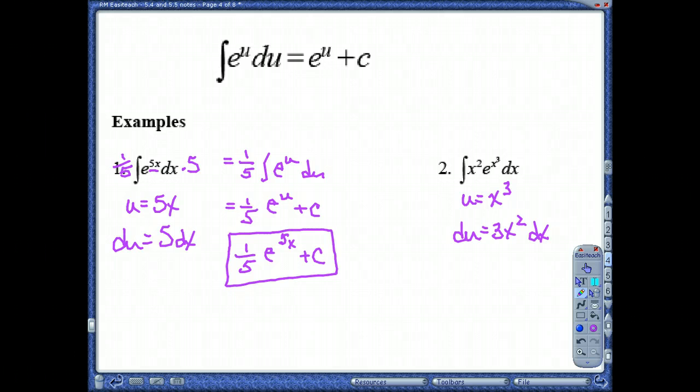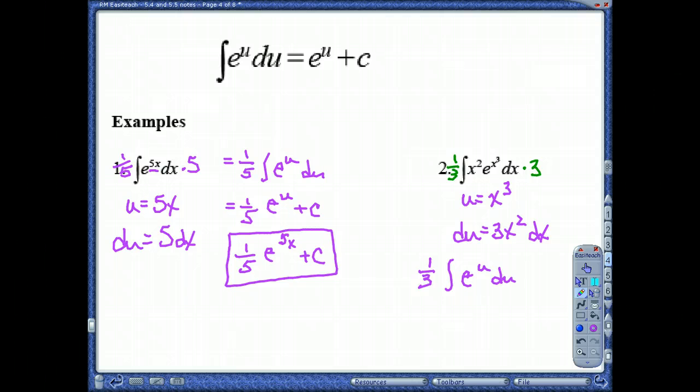I don't have the 3 parts, so I'm going to put that in, multiplying. Then I'm going to multiply out in front so that I do have that 1. I've changed only the look. I have not changed the value. I end up with 1/3 e to the u du.